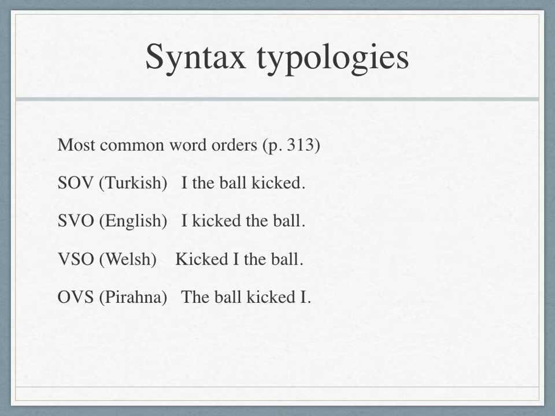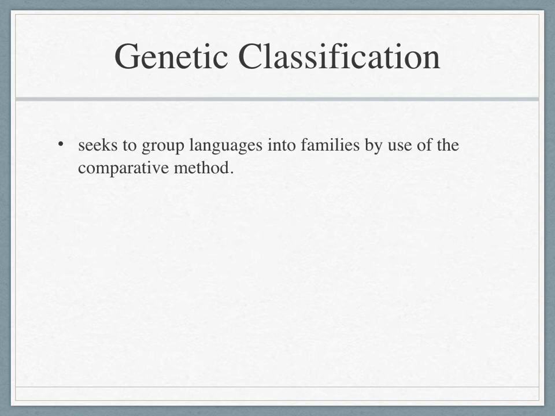That is the syntax template for Welsh. If you want to say the same thing in this South American language, one of those rare ones that has this rare word order, then you have to say the equivalent of the ball kicked I in order to mean I kicked the ball. All right, moving on to genetic classification.